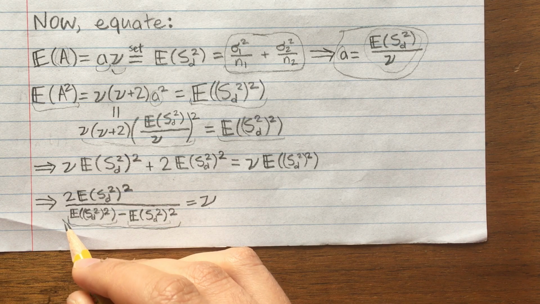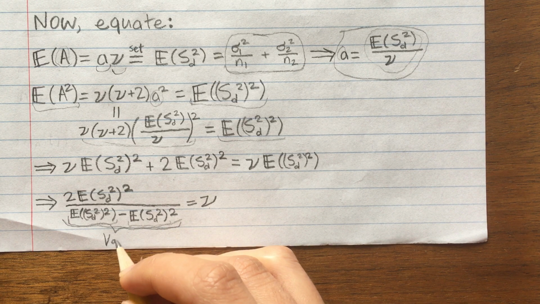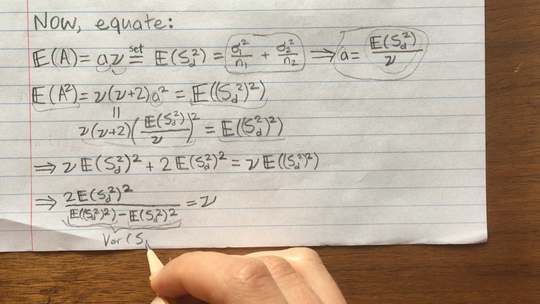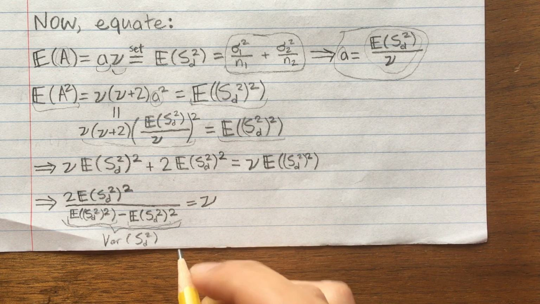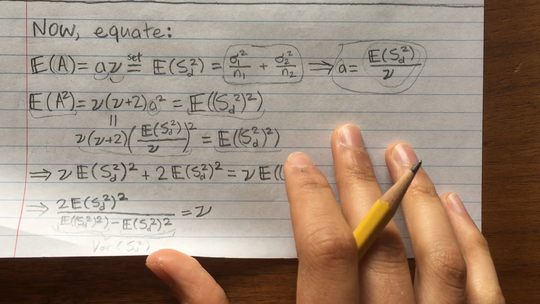And if you notice, the denominator here is actually the variance of SD squared, right? So now we have our degrees of freedom and our scaling factor, little a.